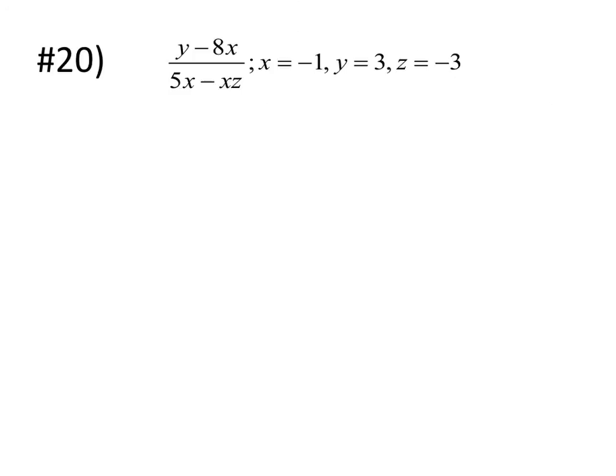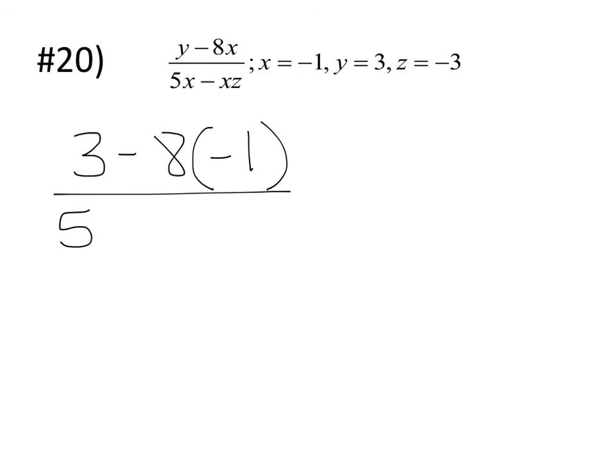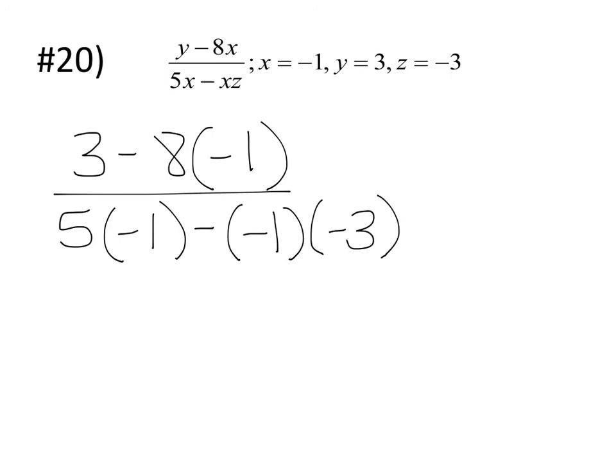And then last one, I'm going to plug in for y, I'm going to put 3 minus 8 times x is negative 1, over 5 times x is negative 1, minus x is negative 1, times z is negative 3. So this becomes 3.